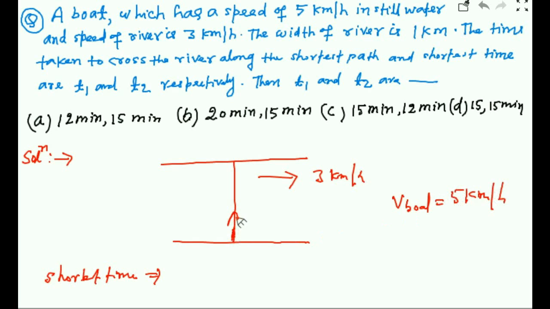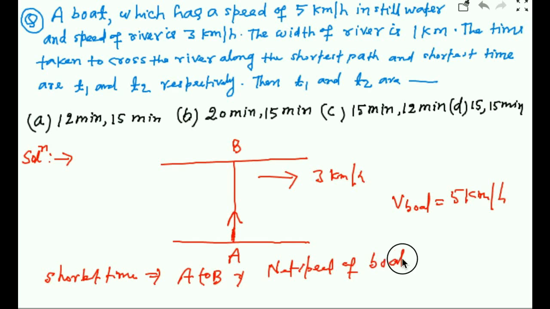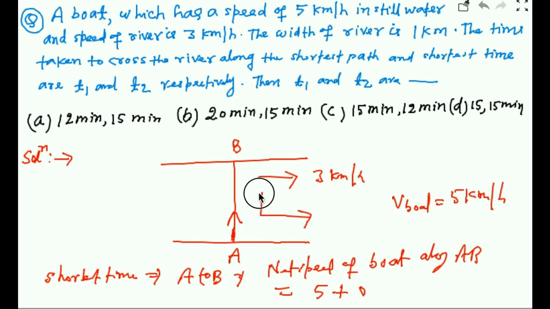So for the shortest time, the boat should head from A to B. It means the net speed of the boat along AB, that is the velocity of the boat, is 5 km per hour plus 0, because the river is flowing in this direction. So in the perpendicular direction the component is 0. So it is 5 km per hour.